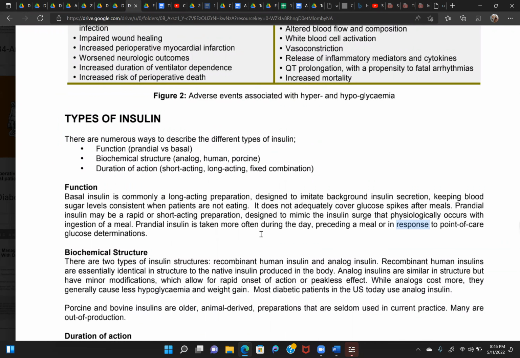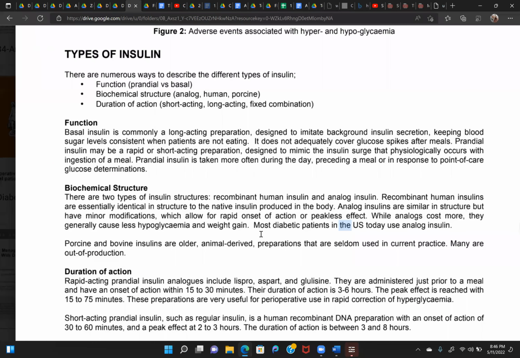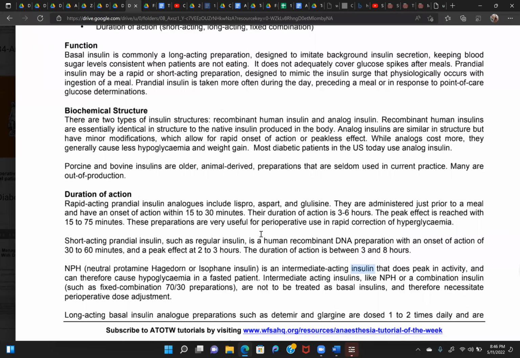Then we discuss the types of insulin. I will just come back a second. What is insulin? What type of hormone is it? It is a peptide, a polypeptide. Yes. And it has catabolic as well as anabolic activity, both? Catabolic?